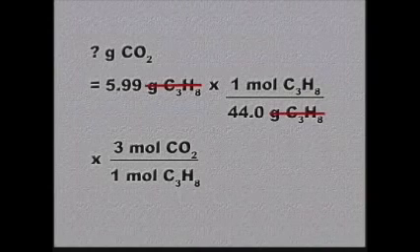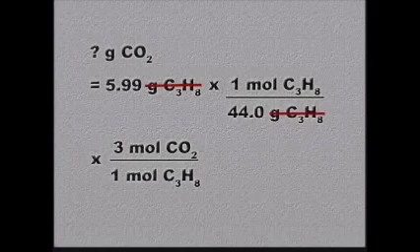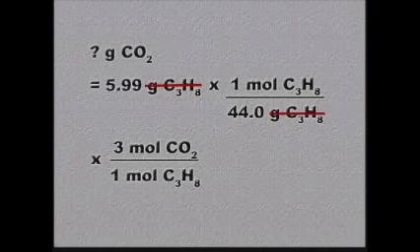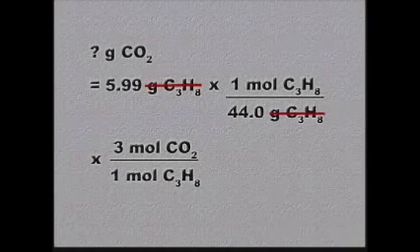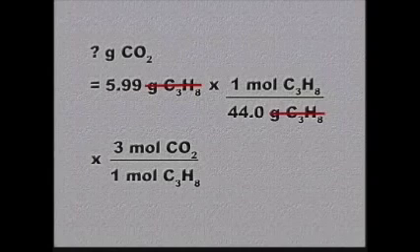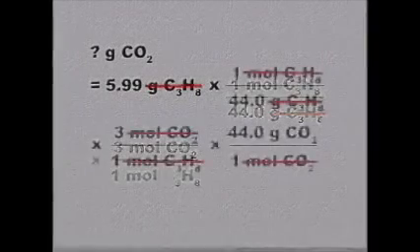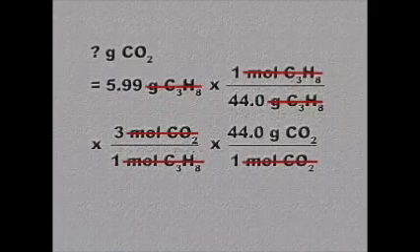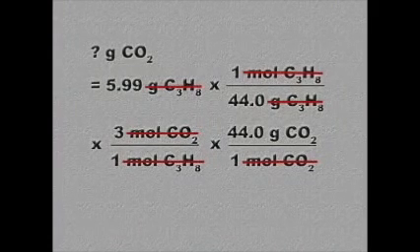You can use the molar mass of carbon dioxide to convert moles of carbon dioxide into grams of carbon dioxide. All you have left to do is multiply and divide to get your final answer.